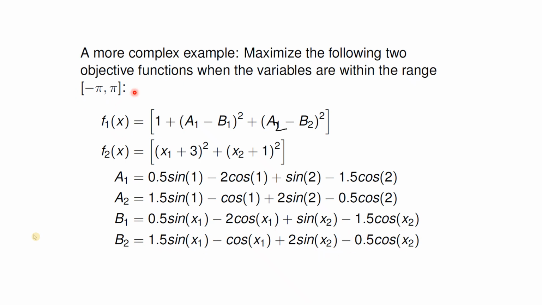Whatever solution you get for x1 and x2, it should be within minus pi and pi. Suppose you put minus pi for x1 and pi for x2, you get some result. If you change it to minus pi by 2 and pi by 2, you will see you are getting a better, higher output.